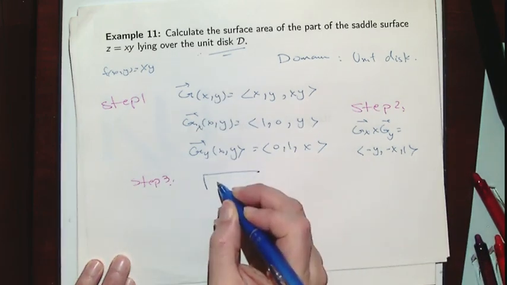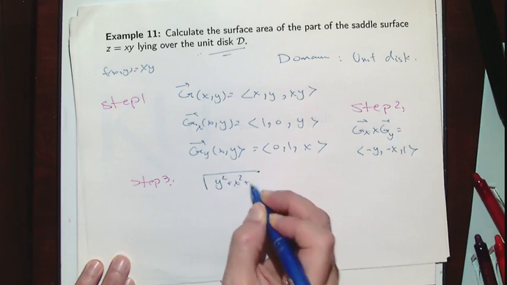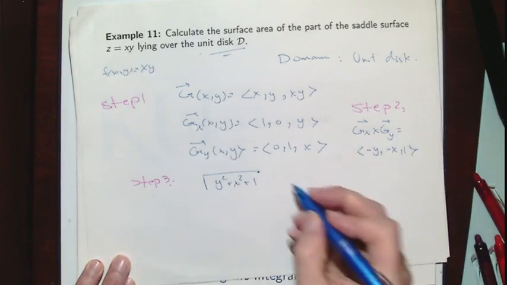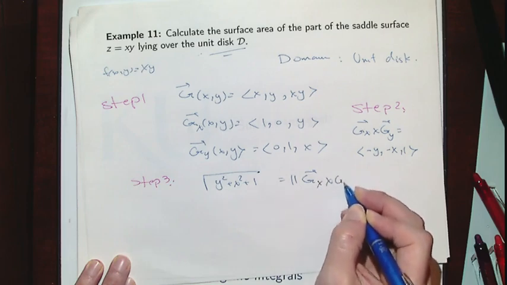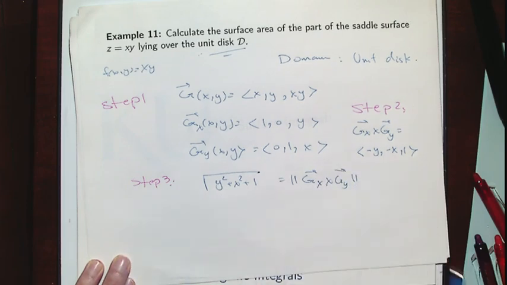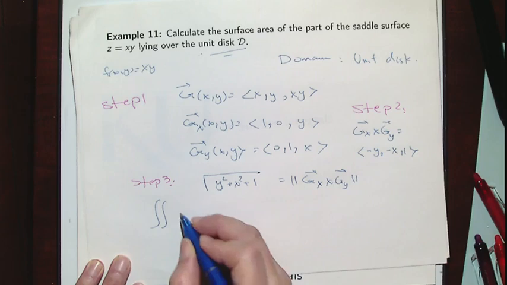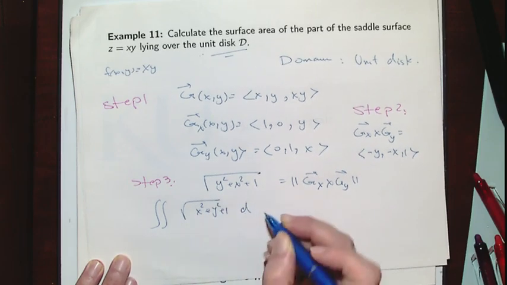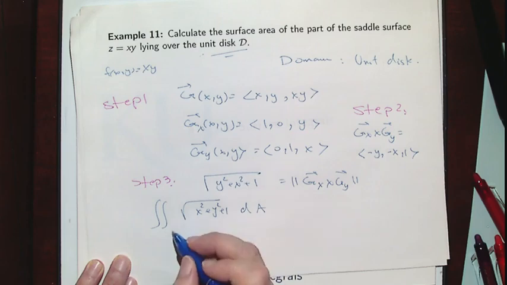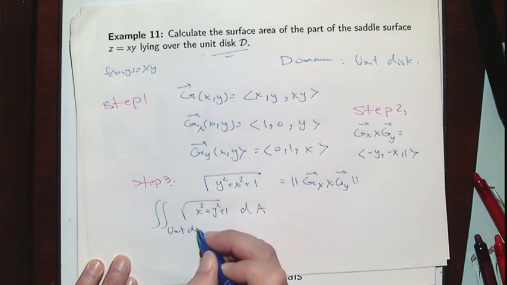The square root of y squared plus x squared plus 1 is the magnitude. And integrate over the region. Region is the unit disk.